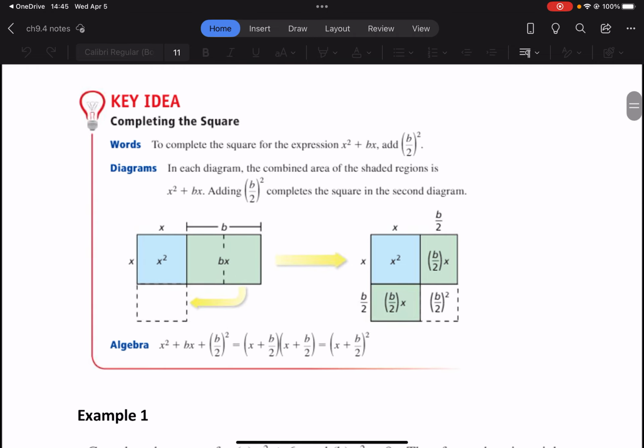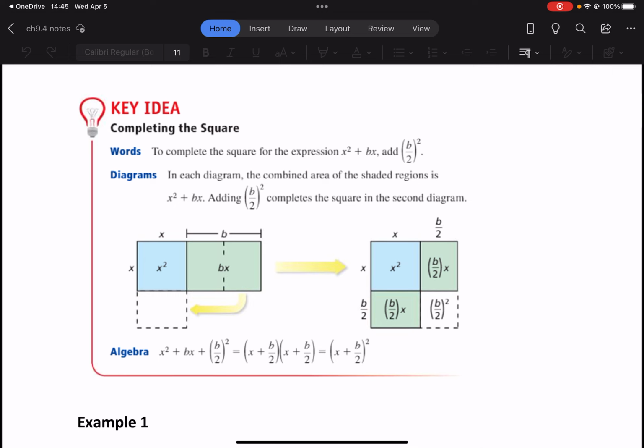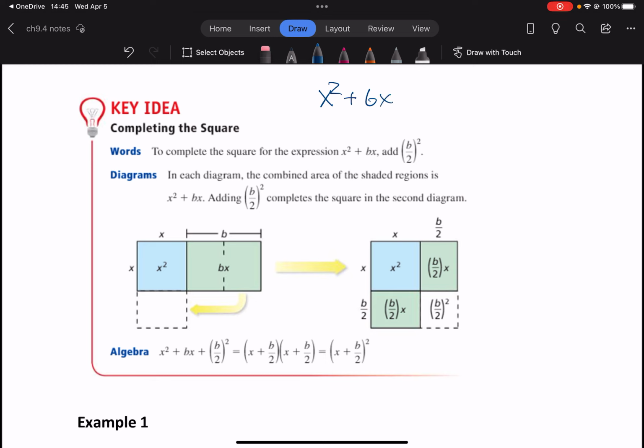If we're given an equation that's in the form of x squared plus bx, what you have to do is divide b by 2 and then square it. That's all you're doing. For example, to complete the square for x squared plus 6x, b, the x term, is 6.